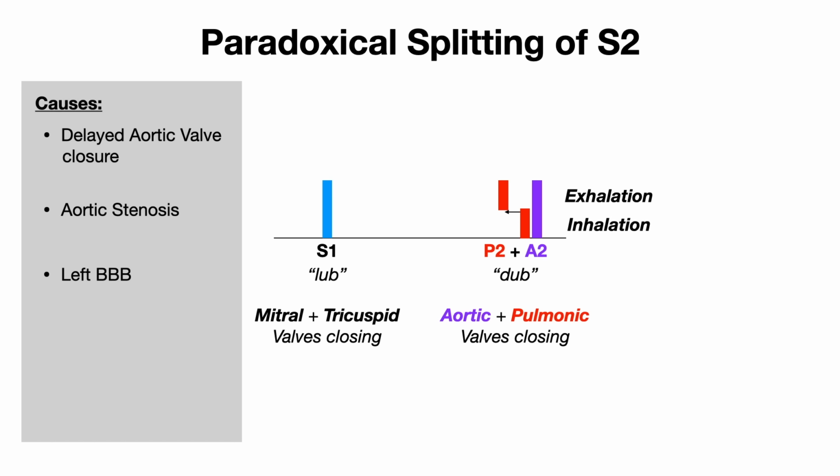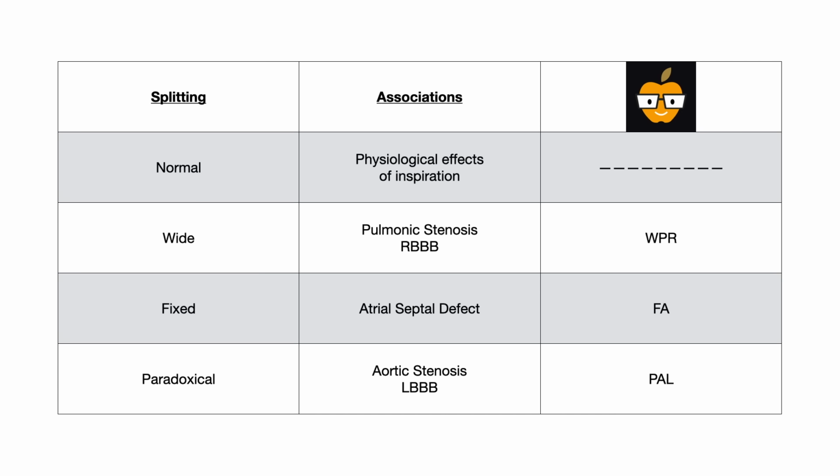So after I explained it, I think it makes a lot more sense, but let's do a summary slide. So here is normal, wide, fixed, and paradoxical splitting and what they're associated with. Normal is just the physiological effects of taking a breath in. Wide splitting is associated with both pulmonic stenosis and a right bundle branch block. Fixed splitting is associated with that left to right shunt, so your atrial septal defect.